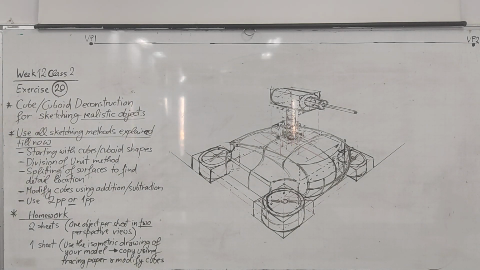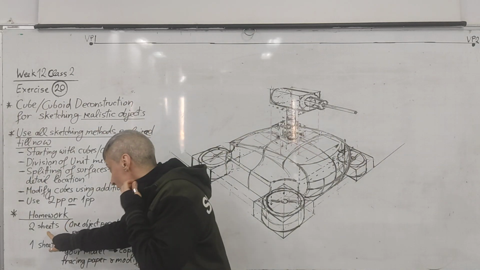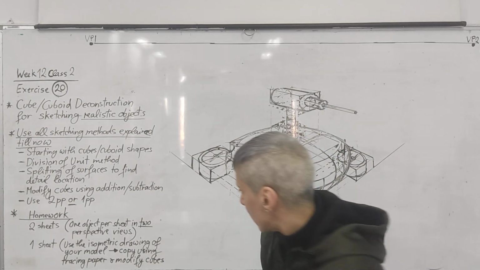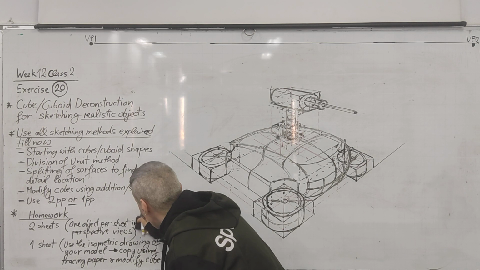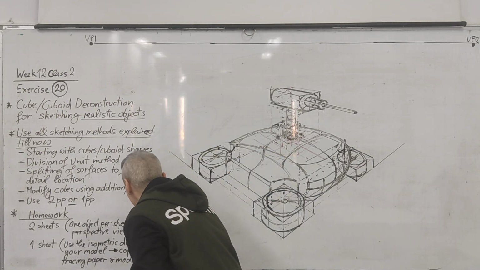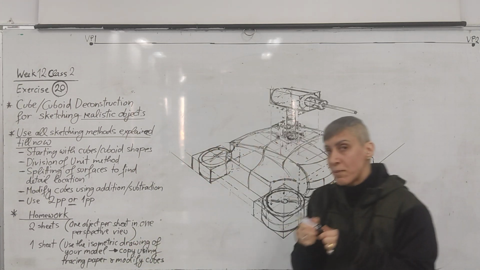Now, let me close this. Oh, before I close it, let me explain the homework first. So, homework. 2 sheets. Let me reduce this here. One perspective view. So you have 2 Fabriano sheets.